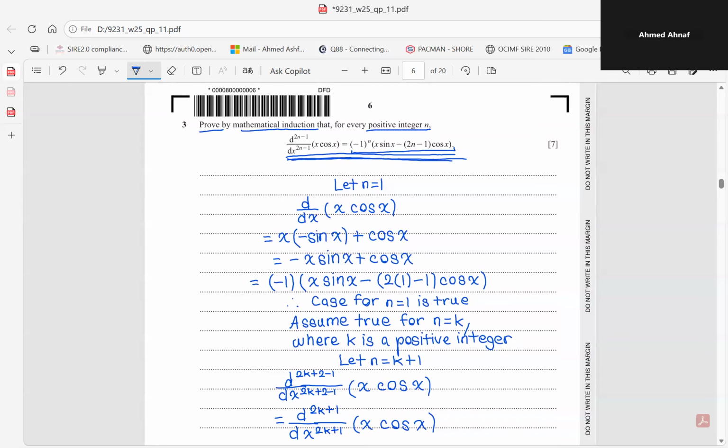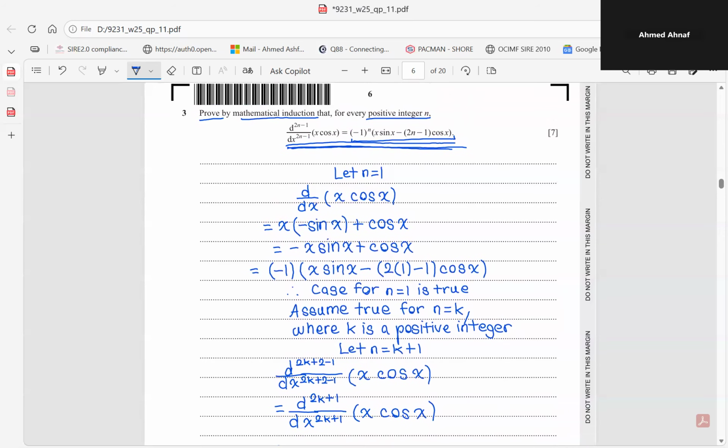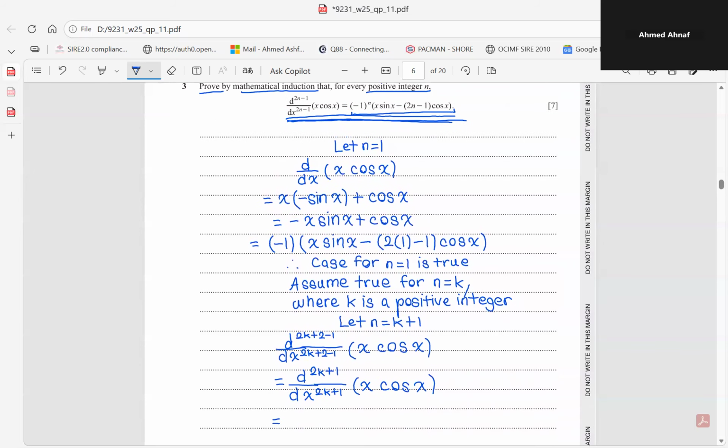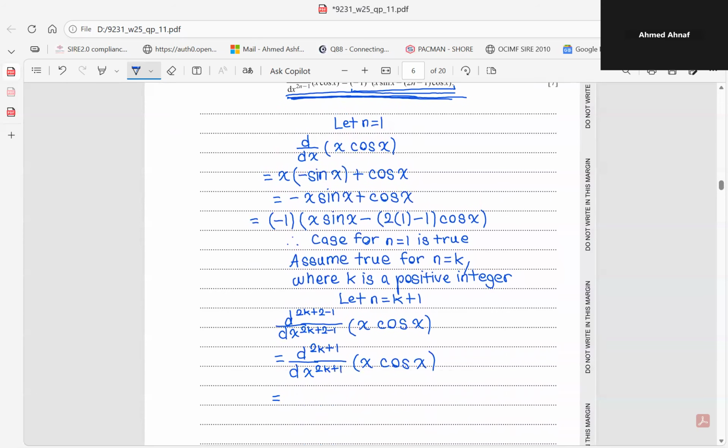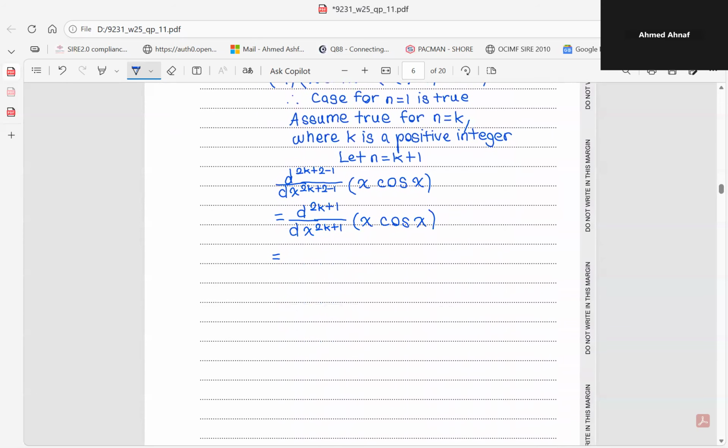So you just differentiate it one more time. Okay, so we assume that it is true for the base case where n equals k.